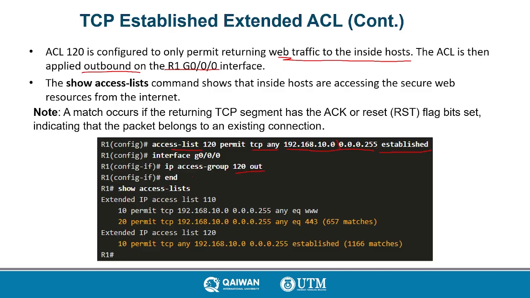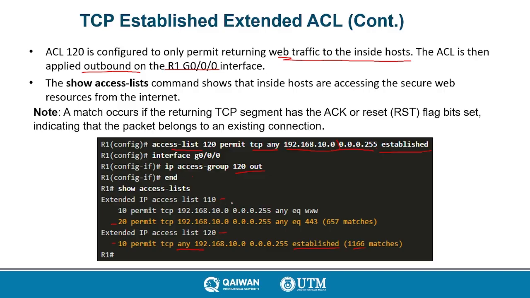Now you see that here we have the extended IP access list 120, and we have access list 110. In 120 it says 10 permit TCP any from this, established, and shows 1166 matches.